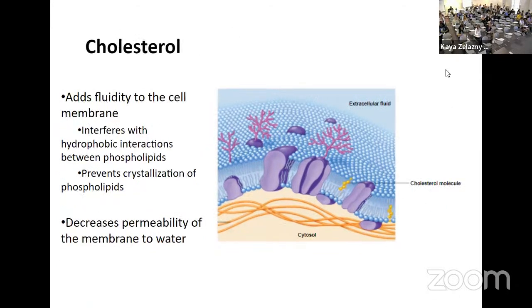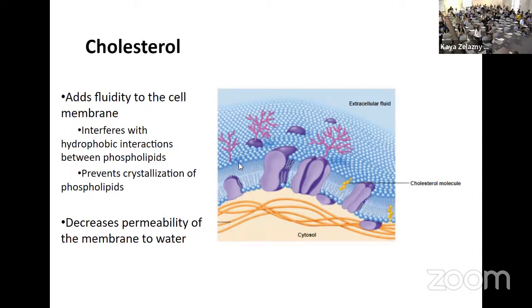Okay. So our third piece of the membrane is our cholesterol. The cholesterol is also contributing to the fluidity of the membrane. It's interfering a little bit with the interactions between the phospholipids.